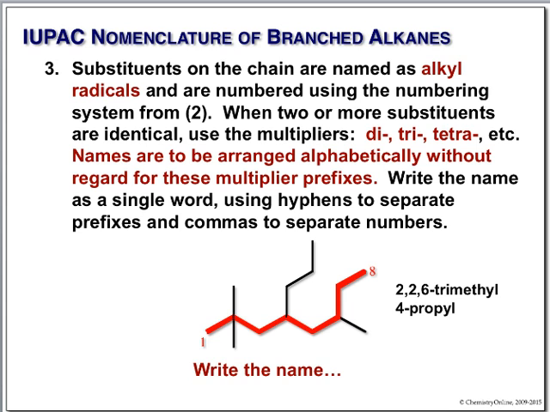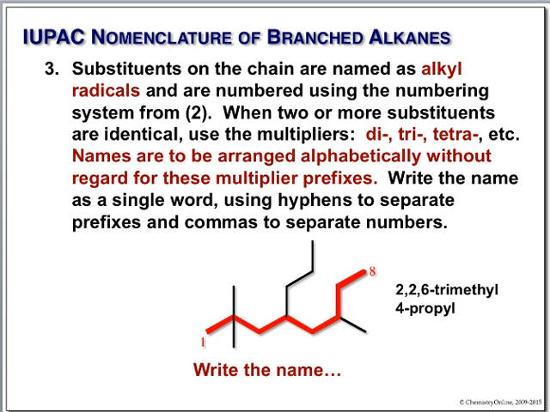We don't alphabetize based on multiplier. So this is methyl. M comes before P, so trimethyl will come first. After trimethyl, we need to say we have a 4-propyl, and then we need to say our parent is an octane.